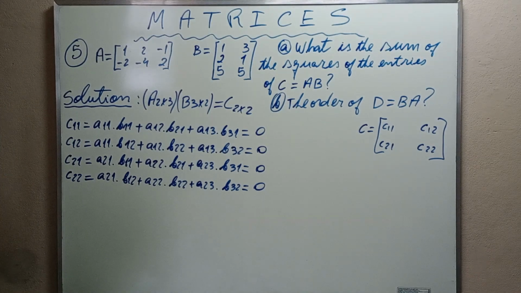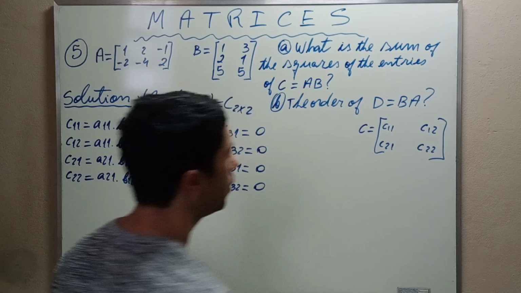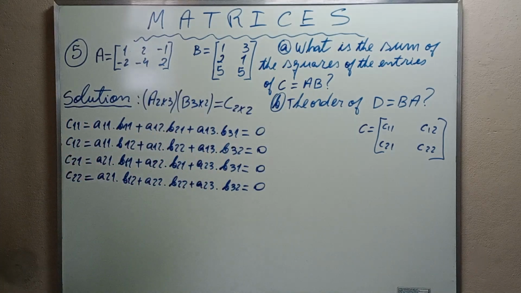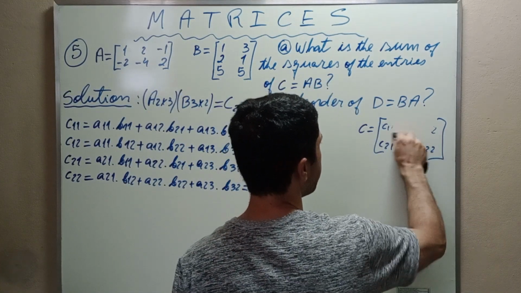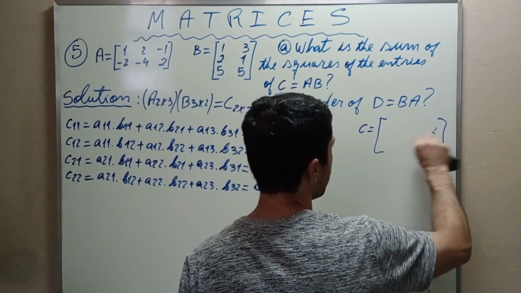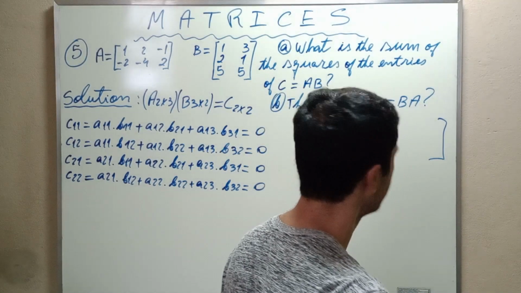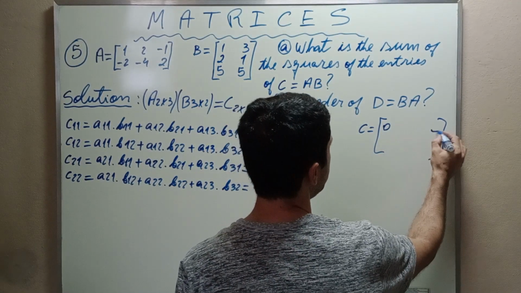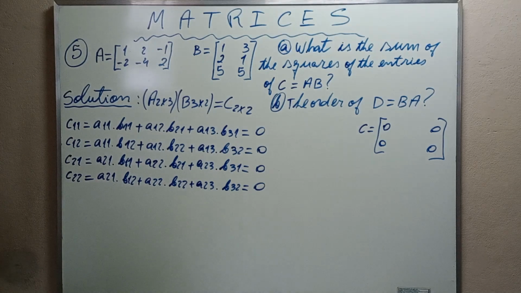So, matrix C is composed of zeros only. Zero, zero, zero, and 0. And this is the solution of letter A.